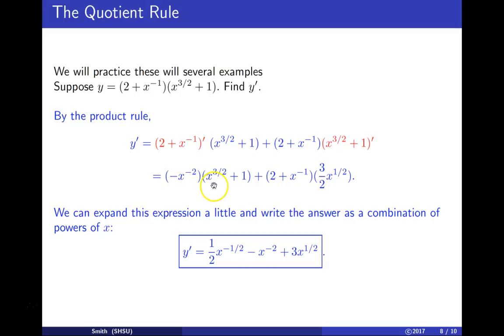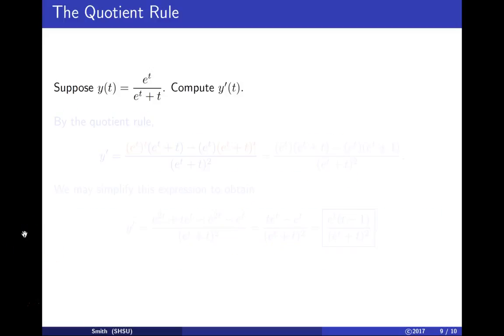We'll have minus x to the minus a half. Way over here on this piece, we're going to have 3 halves x to the minus a half. Together, that will give me 1 half x to the minus 1 half. And then the other terms come out in various places in the product. So here's my nice simplified answer. You should always try to simplify things if possible. If you simplify things, then things are simpler.